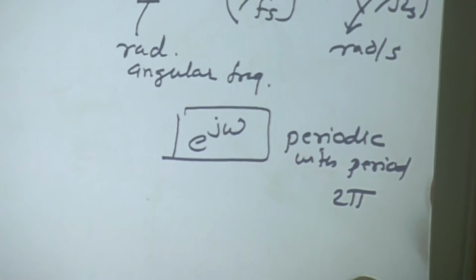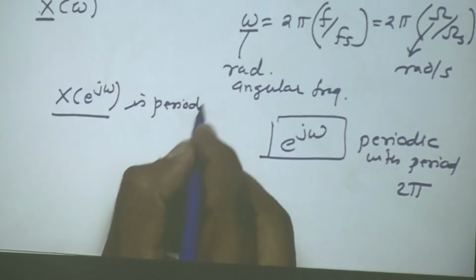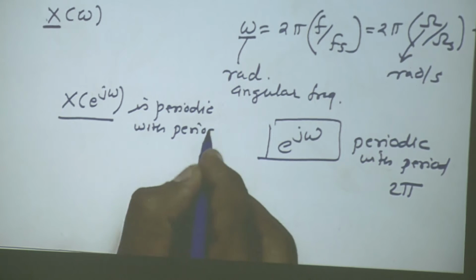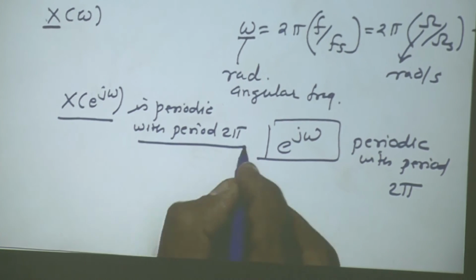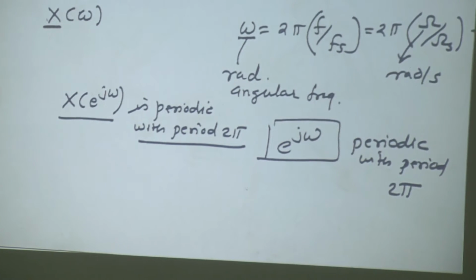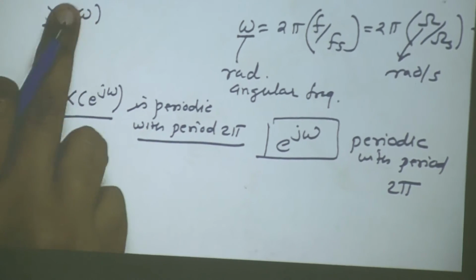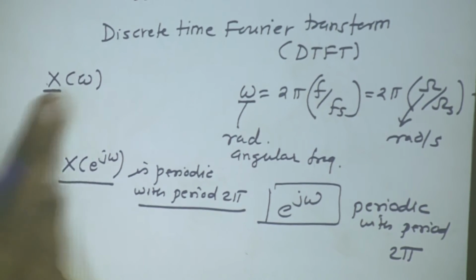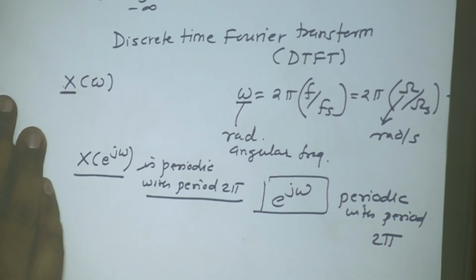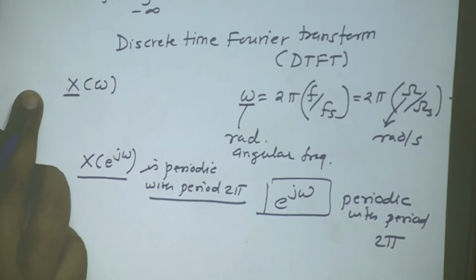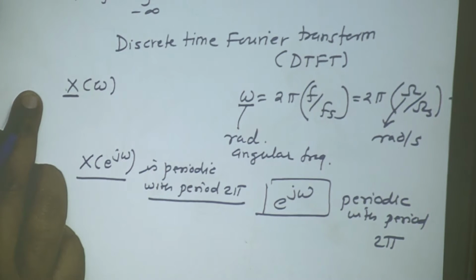So also X of e to the power j omega is periodic with period 2 pi. When I write X of omega, I come to know that it is a function of omega. But when I write it as X of e to the power j omega, I come to know that it is periodic with period 2 pi. That is why the notation X of e to the power j omega is used.